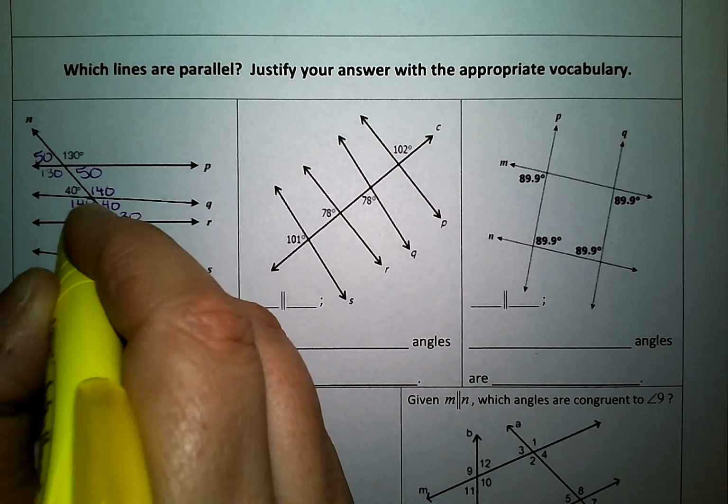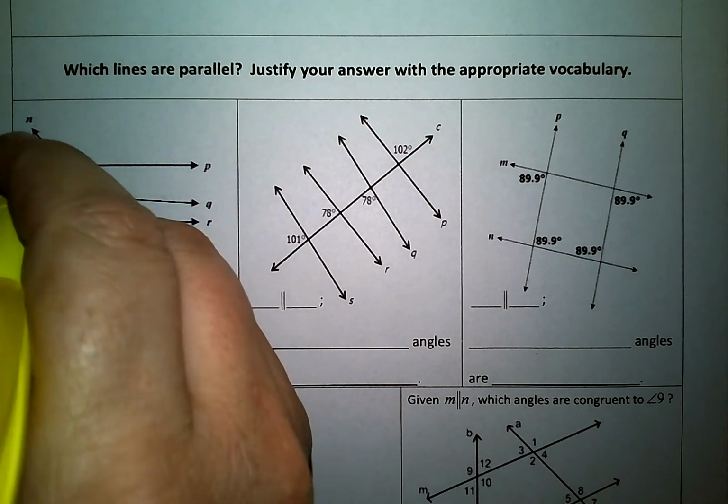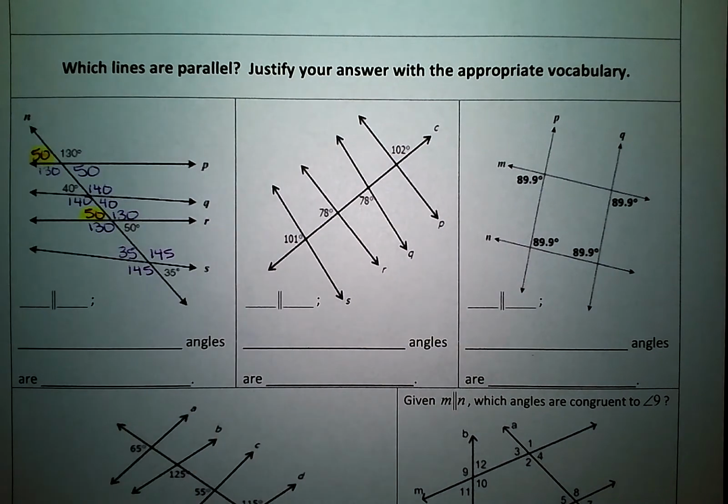Here I see that angle 50 and angle 50 on the line P and the line R are a corresponding pair that is congruent.